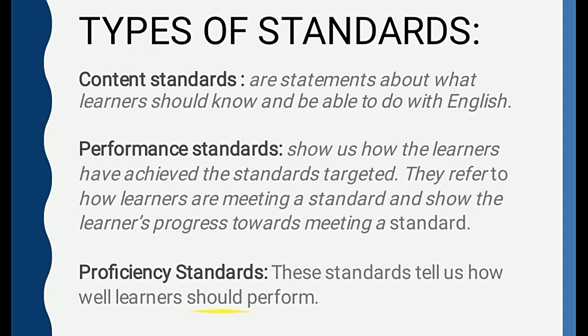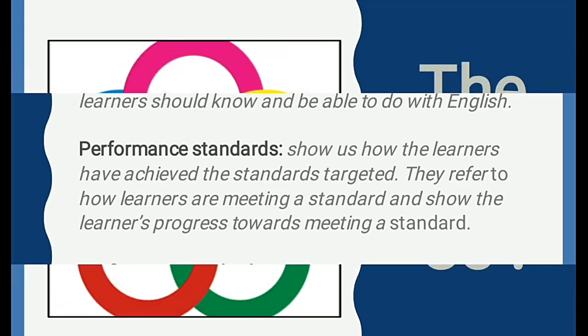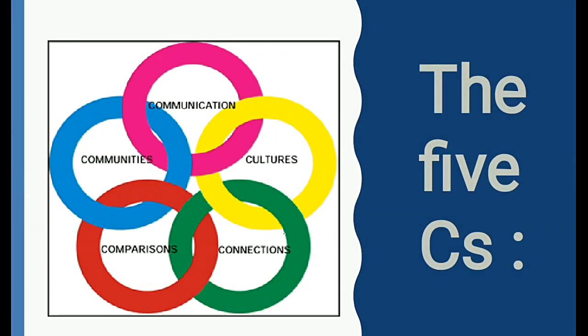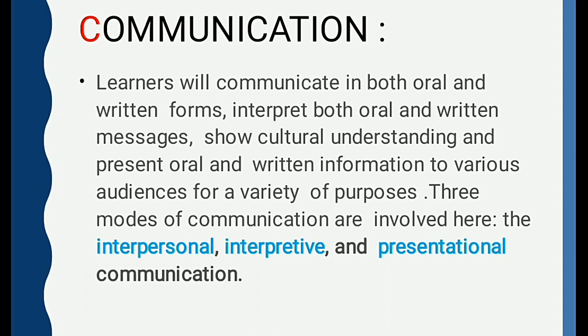The 5 goal areas that we have just stated are summarized in these 5 keywords, which represent the 5 goal areas of the standards-based approach. The first goal area is communication, followed by cultures, connections, comparisons, and communities.